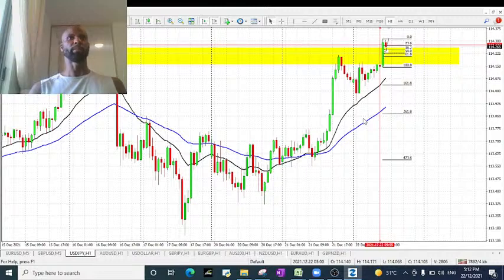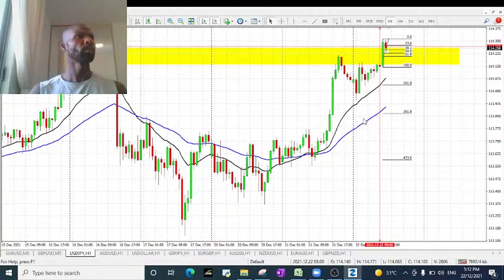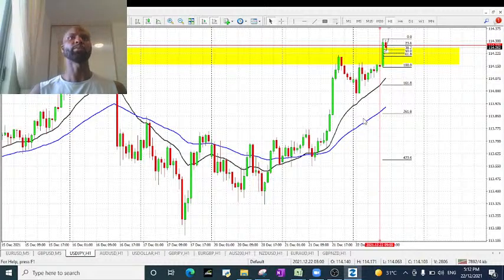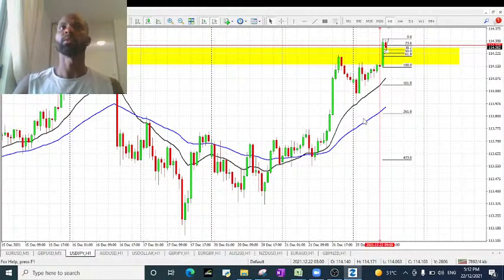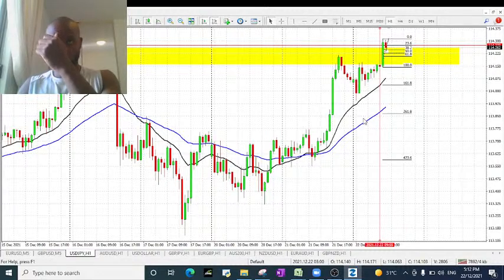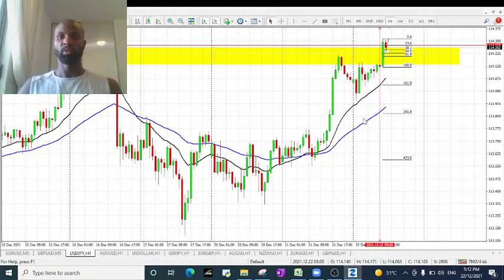So guys, I'm going to be taking a buy soon. So we're getting a retracement right here. Just a little bit more. So the price is heading to our Q zone, which is good.